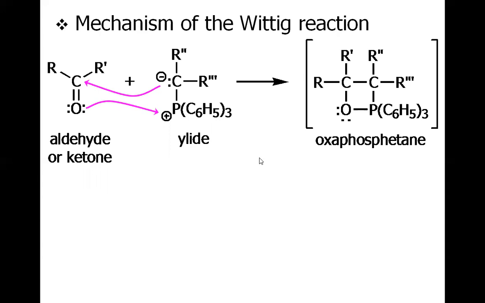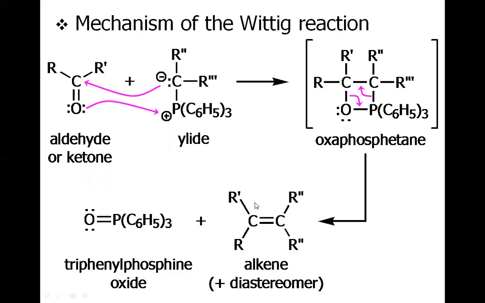It is very much strained and unstable, so it will be immediately opened in this manner, so that we have the carbon-carbon double bond and phosphorus-oxygen double bond, to give this alkene and this triphenyl phosphine oxide.